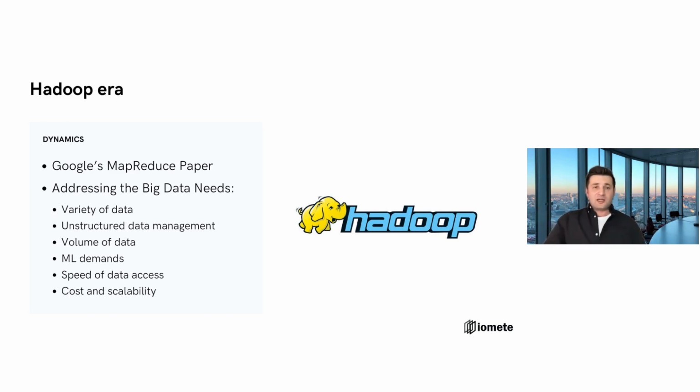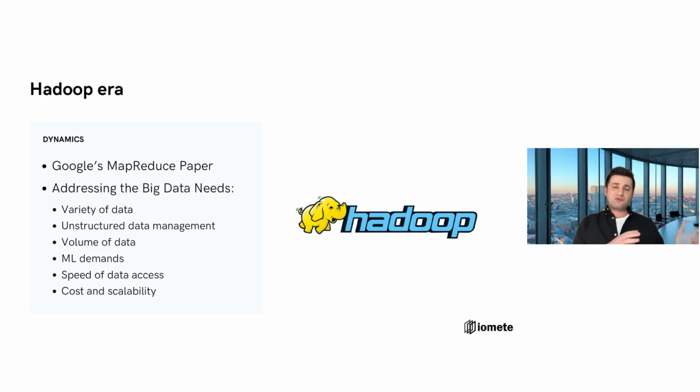And then it was the same time ML and AI started gaining traction, and companies started investing in that. But with the traditional systems, data scientists and data analysts often need access to all the possible organizational data.